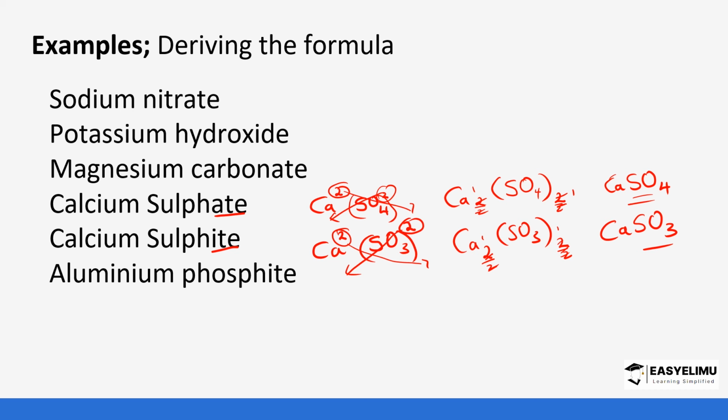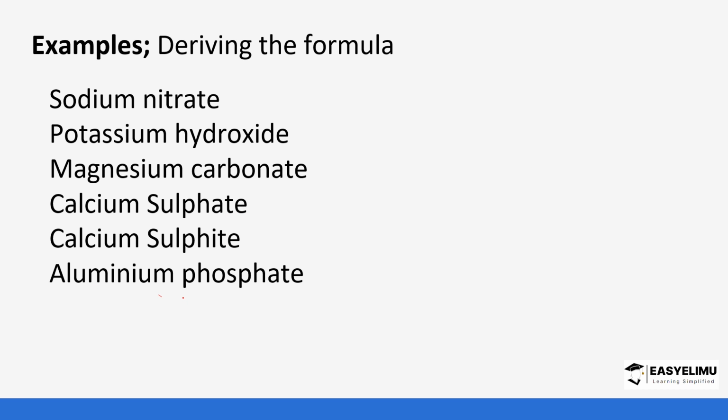So another one, we do aluminium phosphate. So aluminium valency is 3. Phosphate is PO4, and the valency is 3 because the charge is 3 minus.